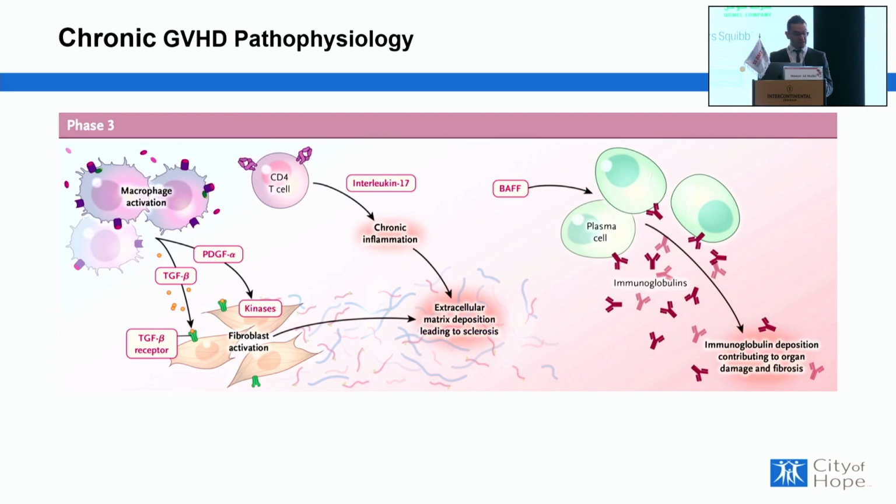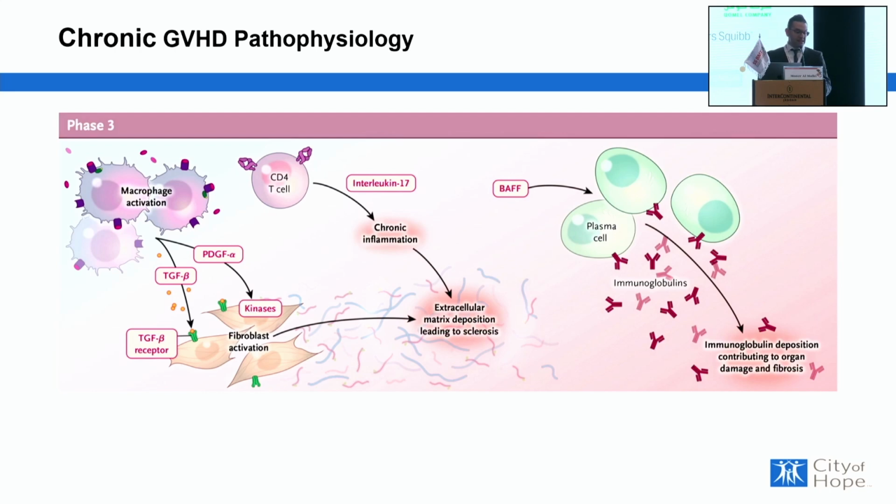In phase 3, which is the last phase of this process, activated macrophages will produce PDGFR and TGF-beta. Both lead to fibroblast activation, forming extracellular matrix and a sclerotic phenotype.